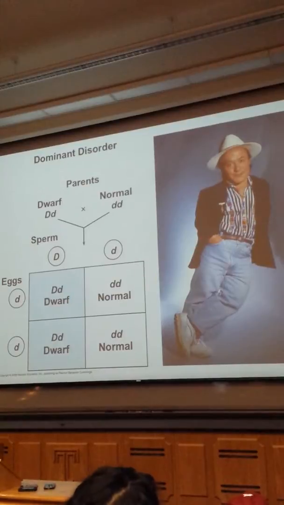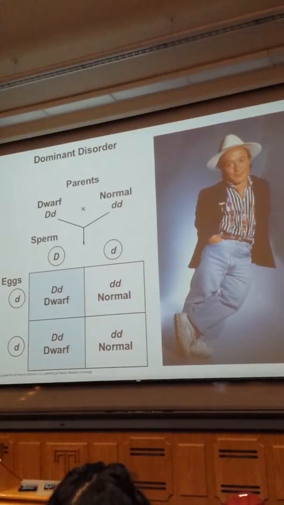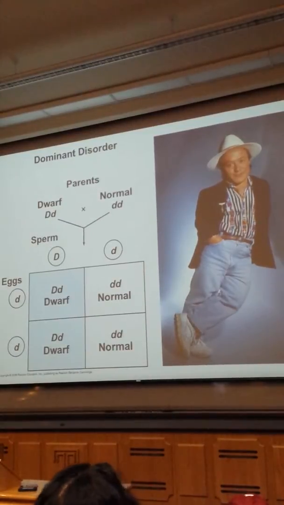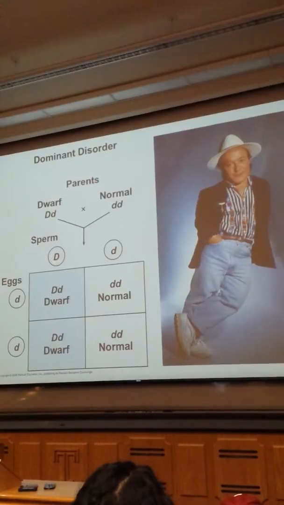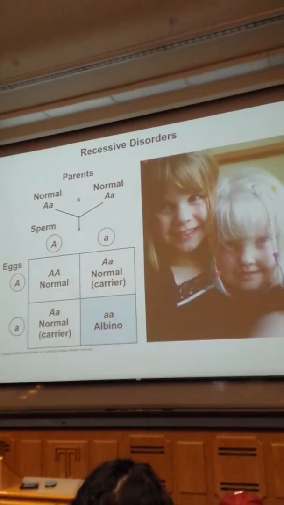If you never see a person that actually has two mutant alleles for the fibroblast growth factor receptor that results in dwarfism, you never see that. Yes, if this fellow mated with a woman that was a dwarf, there would be a double D. It would be more like this here.